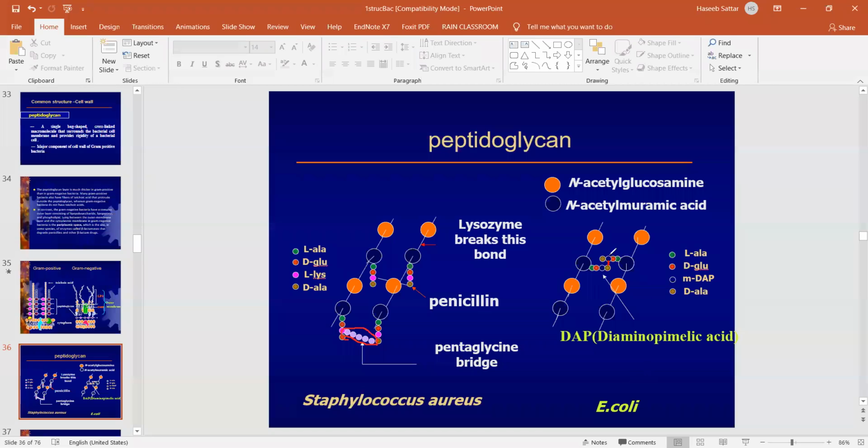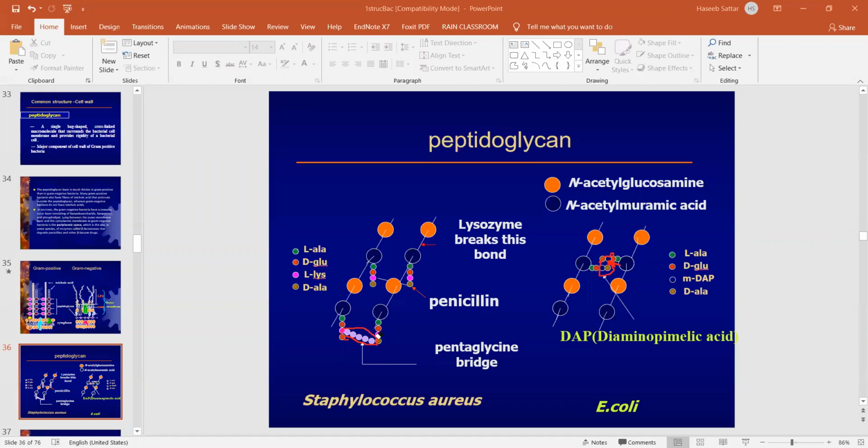Here you can see in E. coli, there is no peptide or any amino acid present between this cross linkage or glycine linkage. While in Staphylococcus aureus, 5 amino acid molecules are present in the glycine bridge or glycine linkage. So different species, different bacteria, have a different number of amino acids in the glycine bridge.